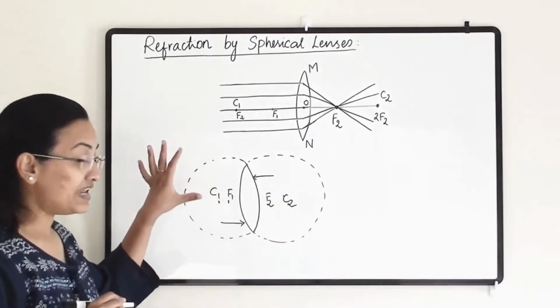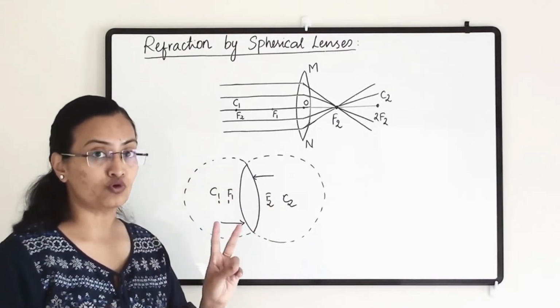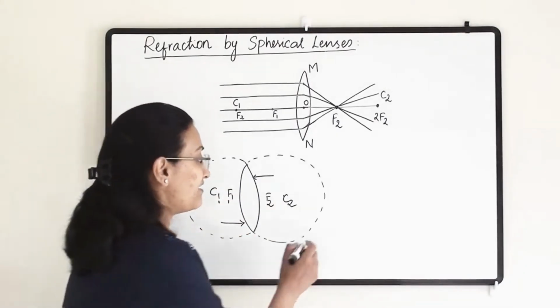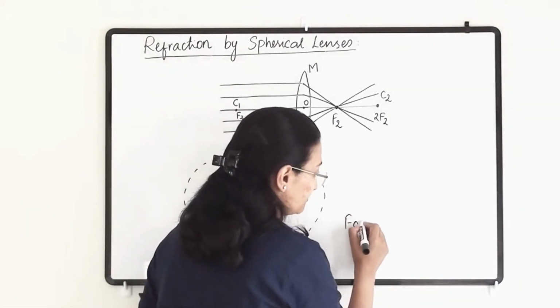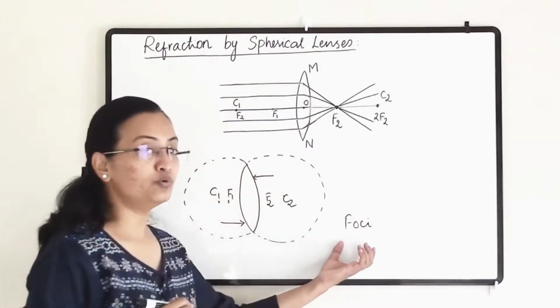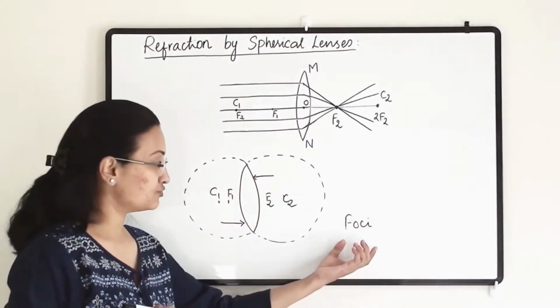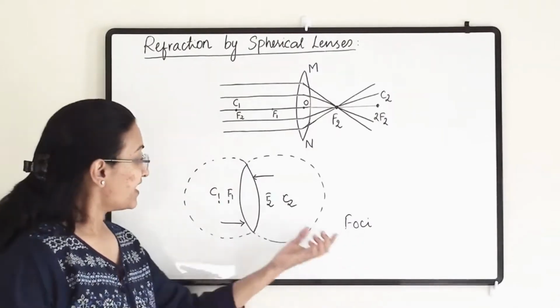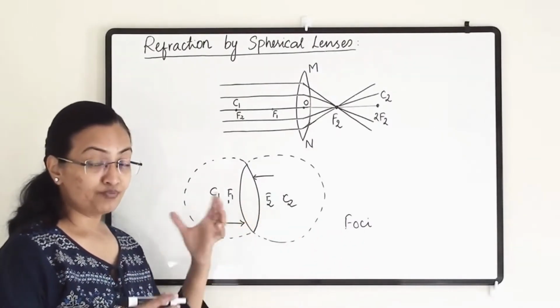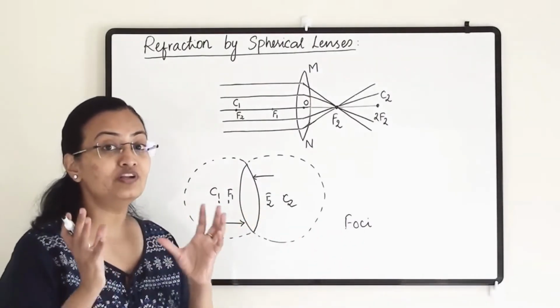So the lenses have two focus points, that means two foci, which is the plural of focus. They have two foci and two centers of curvature, because they are parts of two different spheres.